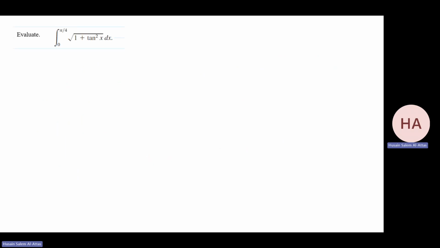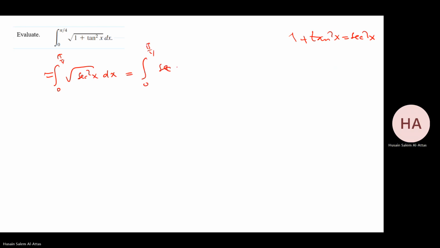Now, this one, if you notice, I know 1 plus tan square is secant square. I know this formula. So this will be the integral from 0 to pi over 4 of the square root of secant square x dx, which is the integral from 0 to pi over 4 of secant x dx, because this is always positive in the first quadrant.